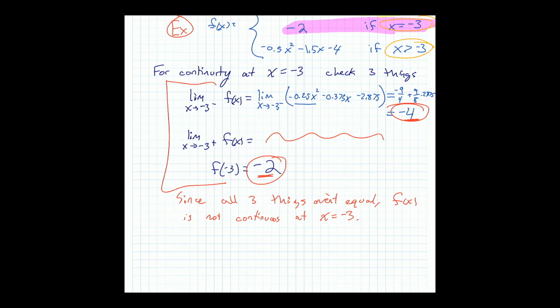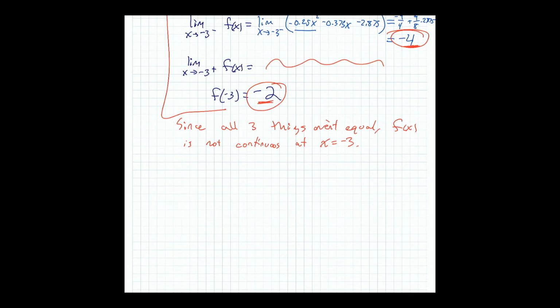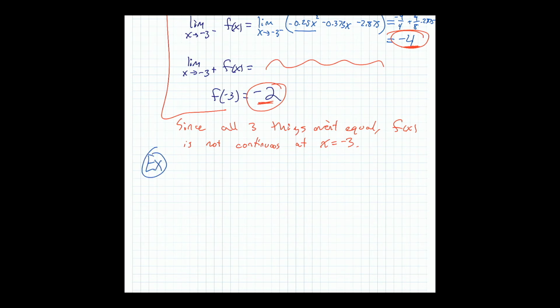Now there's another type of problem. Yeah, here we go. So another problem type, which is not hard, but you just need somebody to show you how to do it, is this idea. They give you a question like this. They say, let f of x equal a piecewise defined function.